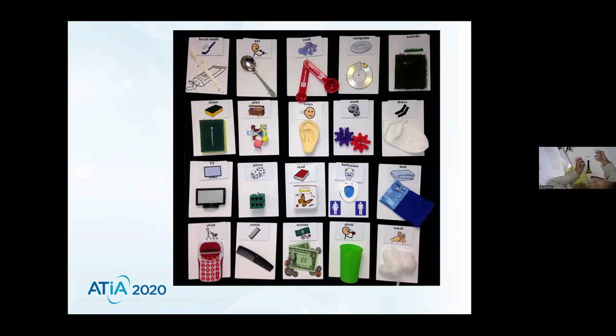We can teach them objects, but we need to differentiate, like the cup there. That isn't the cup I use to drink. That is my symbol for a cup. And that's why the objects are mounted. You mount them, and that's how they become a symbol. They have a border. When it's just an object, it's an object. This becomes an object symbol.